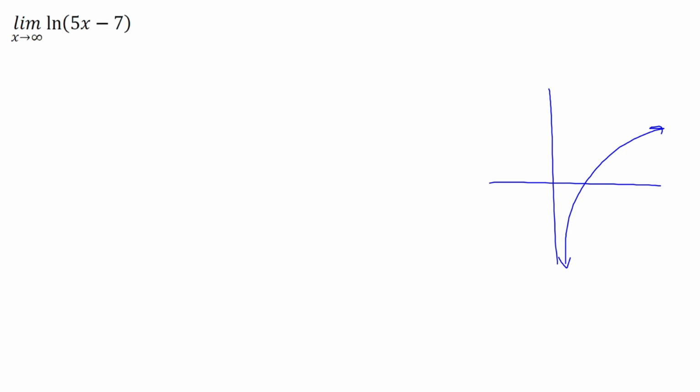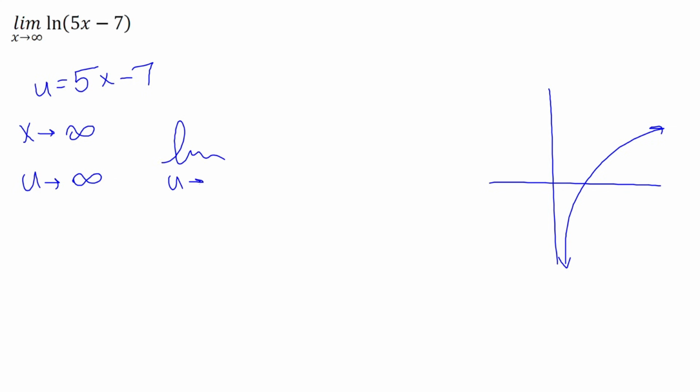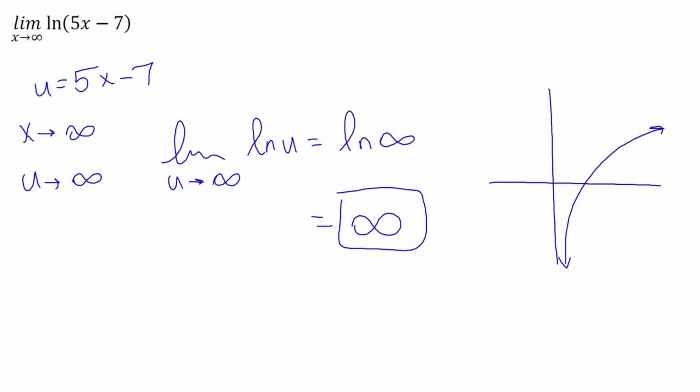So here we've got u equal to 5x minus 7. Well, if x goes to infinity, u goes to 5 infinity minus 7, which is still infinity, giving us a limit as u approaches infinity of the natural log of u, which of course is the natural log infinity, which, as we just said, goes towards infinity.